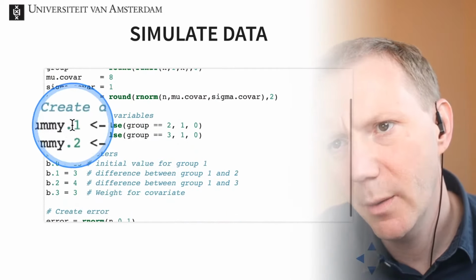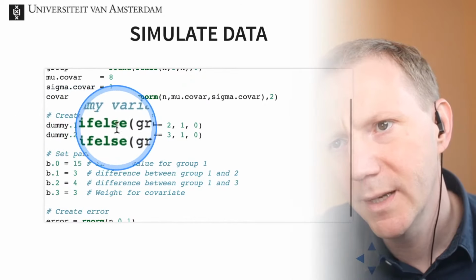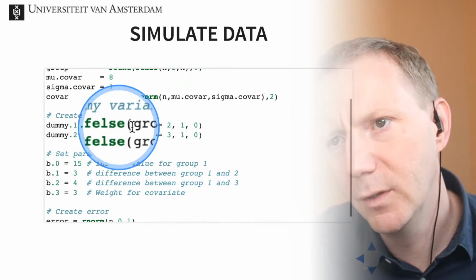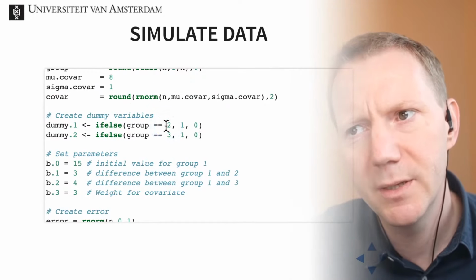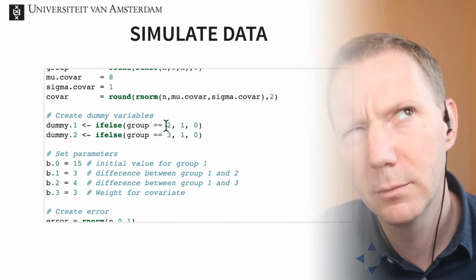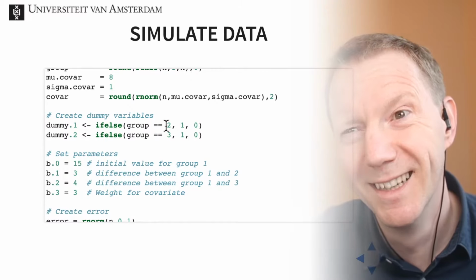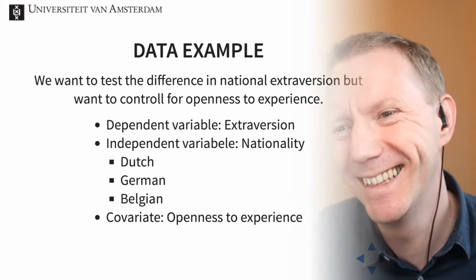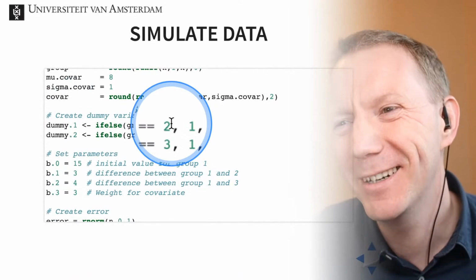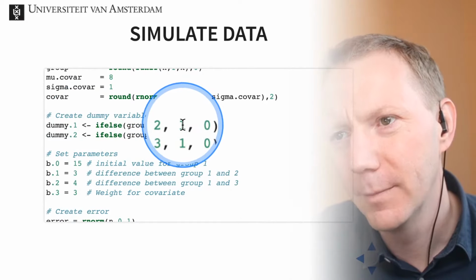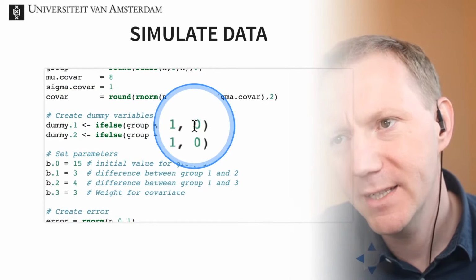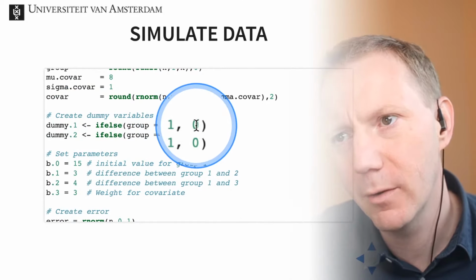And this first dummy variable 1 states that if the group number is 2, so that means if you are, I forgot, German. Yeah, German, thank you. If you are German, then the dummy variable is set to 1. And in all other cases, it's set to 0.